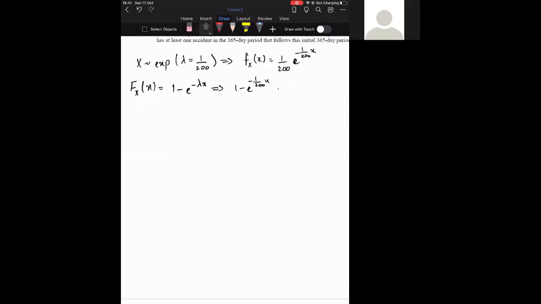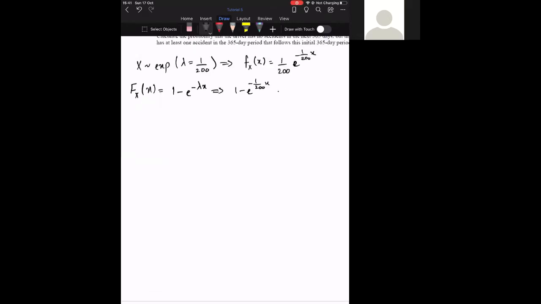So the cumulative probability of 730 days from now covers all of the days from 0 to 730. But we want to subtract the first 365 days. So we can subtract the cumulative probability for the first 365 days from this. And this gives us the relevant time interval that we're looking for.